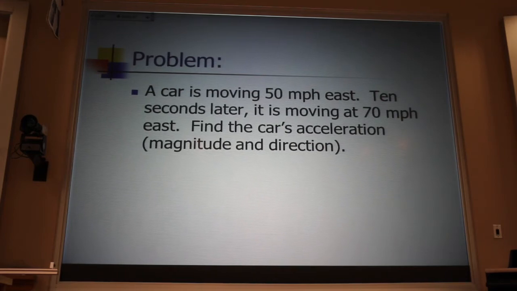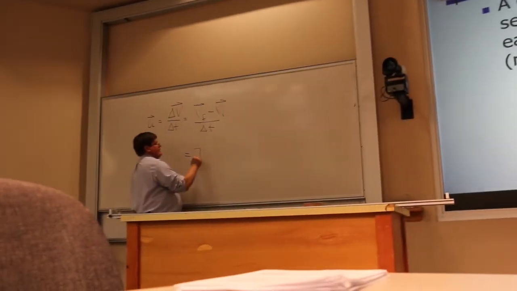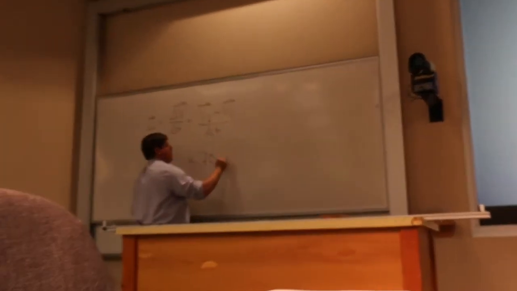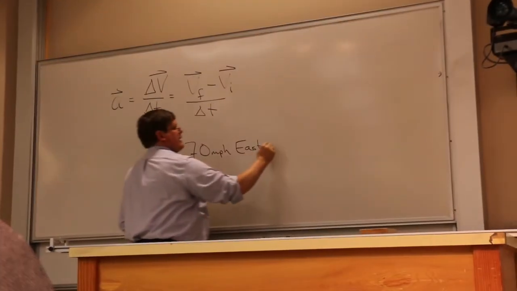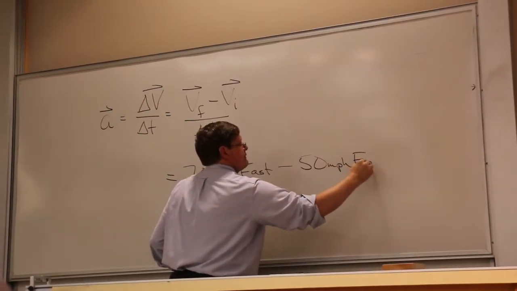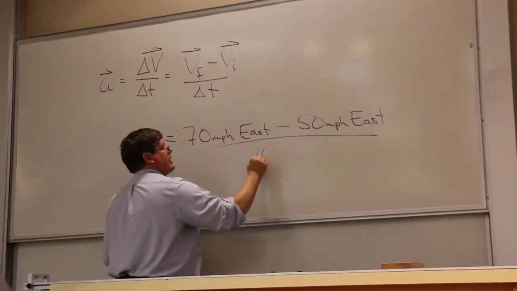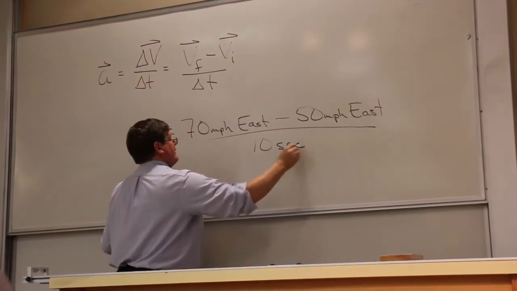Okay, let's do it together now. The final velocity is 70 miles per hour east. The initial velocity is 50 miles per hour east. That change happens in a time of 10 seconds.